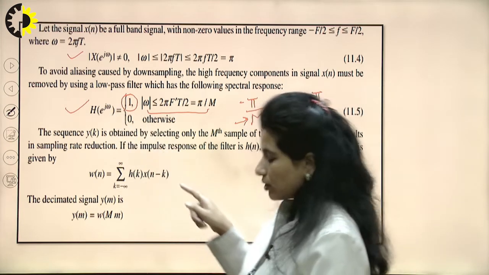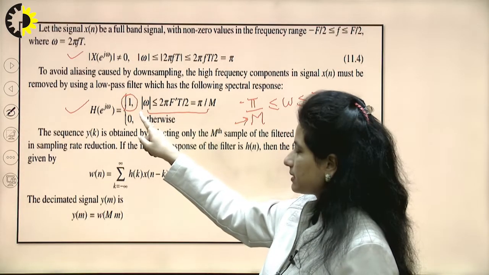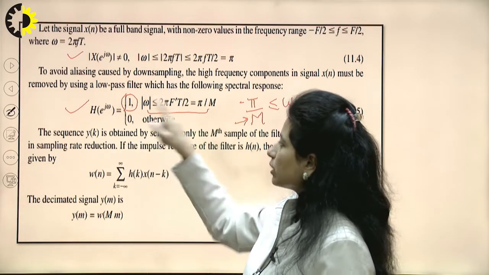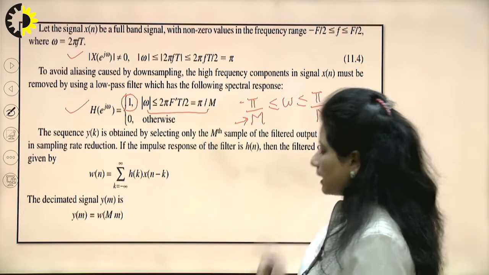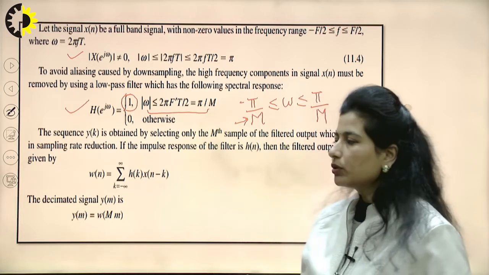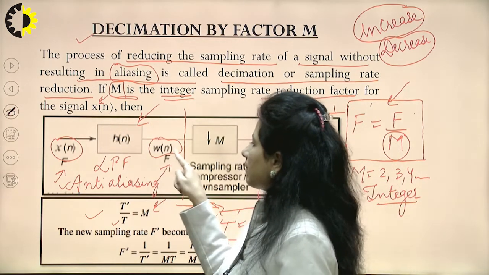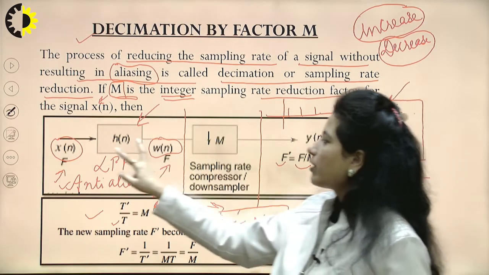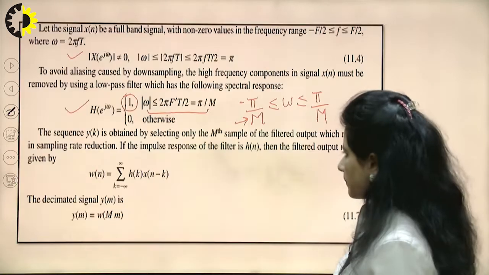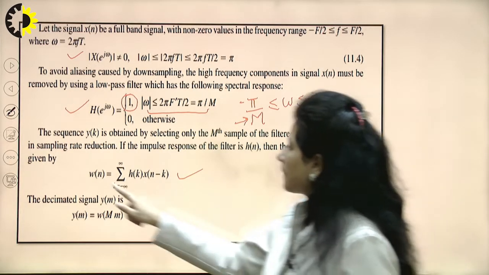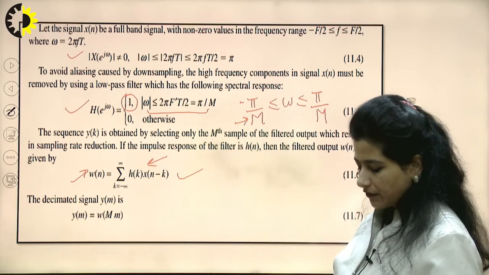If this filter has this particular characteristic, that it allows all those values of the signal which lie within this range of frequency, the output would be without the effect of aliasing. Whenever I am using this filter, this output w[n] is represented as the convolution of the system transfer function and the input.